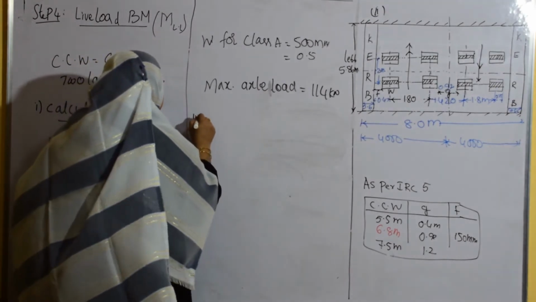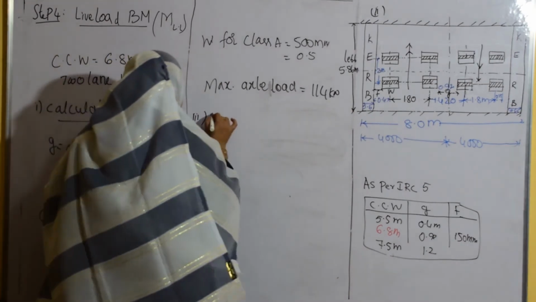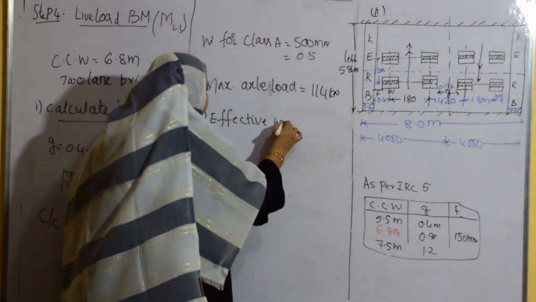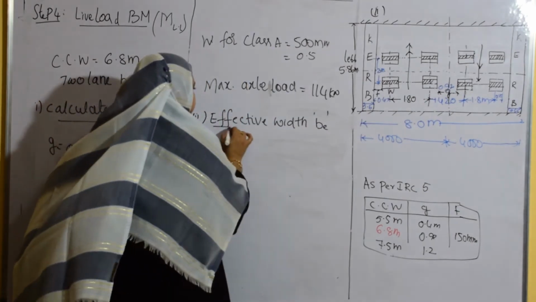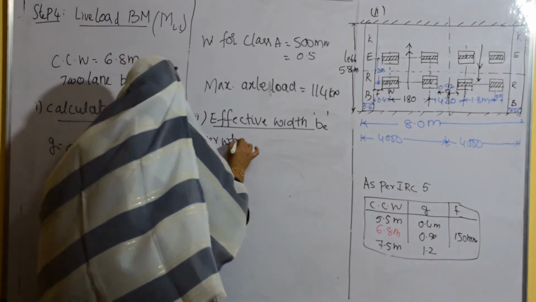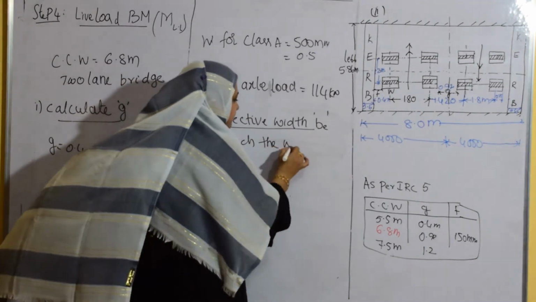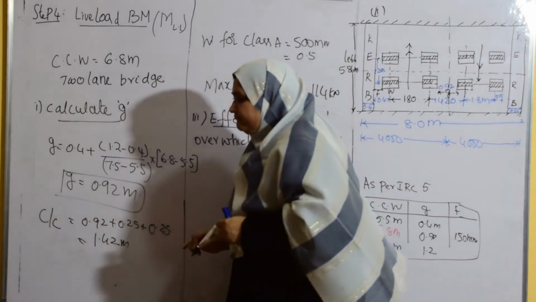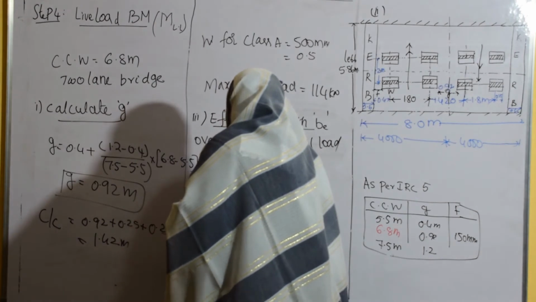So in the third step we will find out the effective width. It is represented by B suffix E, the effective width over which the wheel load is dispersed.